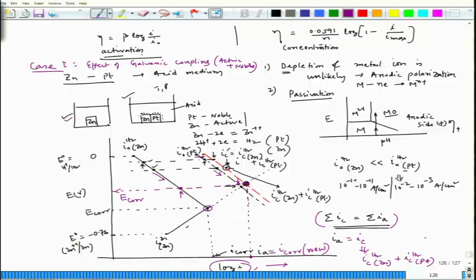What happens then? This particular current density would switch to some other current density, let us say at this point, because the exchange current density for hydrogen evolution on platinized platinum is higher than that on a plain platinum surface.